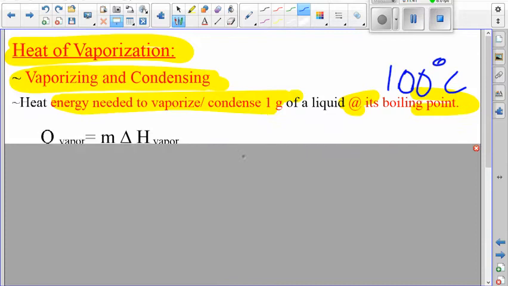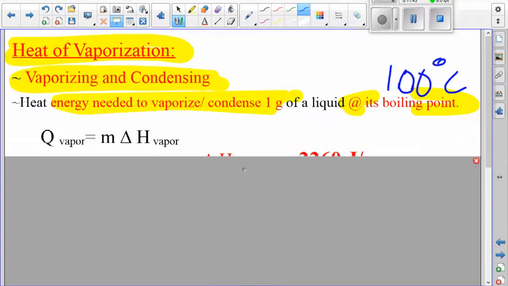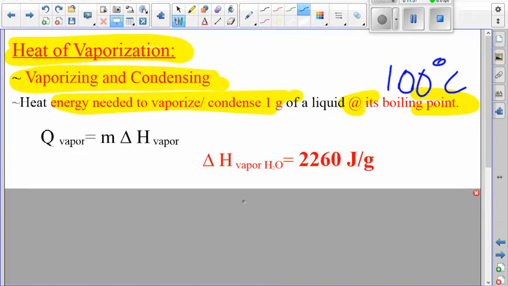So your equation will be Q of vaporization, so the energy to vaporize, is equal to the mass times the delta H of vaporization. This number that's about to appear here is not a number you need to memorize, but it's a number you should write down. The delta H of vaporization is actually 2,260, which is a lot higher price.